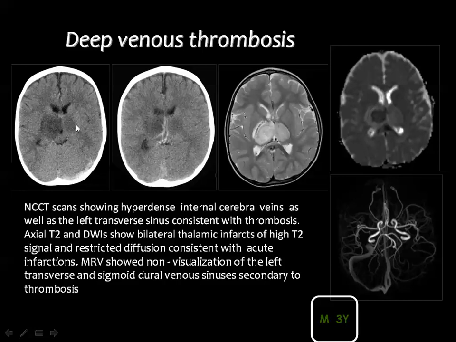Then you can easily explain the presence of these hypodensities within the thalami, denoting venous infarcts. And these infarcts will appear bright in the T2 weighted image, black in the T1 weighted image, and in the ADC map, you can see restriction in the right one and free diffusion in the left one.